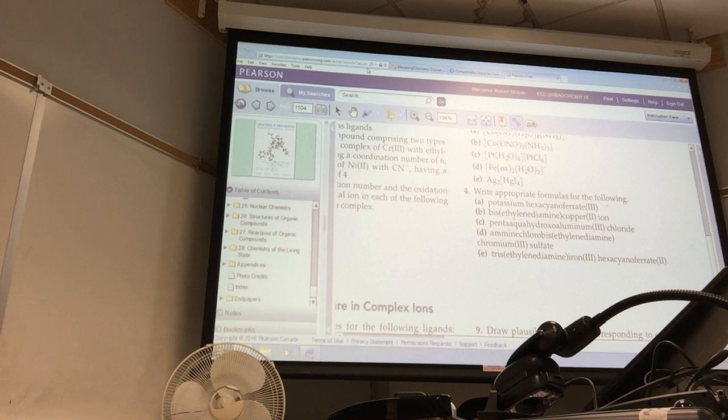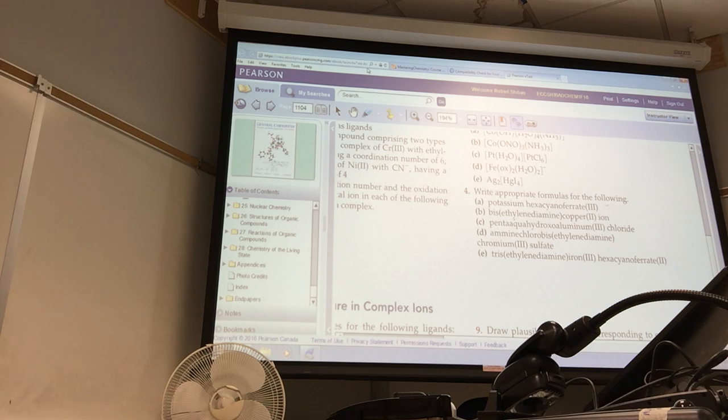And then the ligands, which are going to be in alphabetical order. Which comes first, the anion ligands or the neutral ligands? Anion ligands. So first, anion ligands alphabetically.